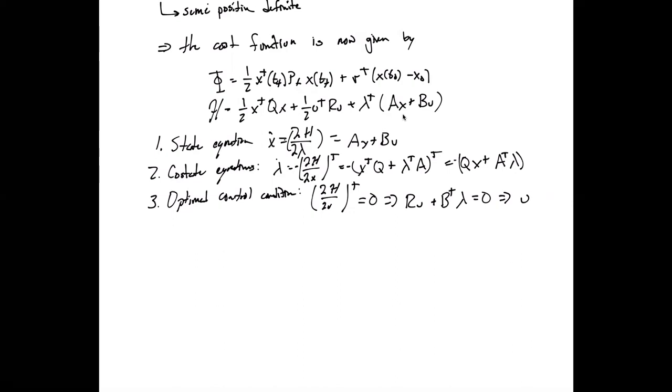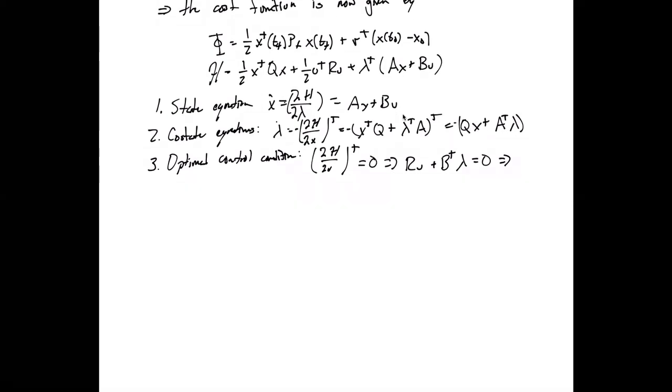And remember, we can take the inverse of R due to the positive definiteness of it. Okay, so now the input that we found is dependent on the costate, right? So that means that we have to figure out what our costate is to get an optimal control solution.